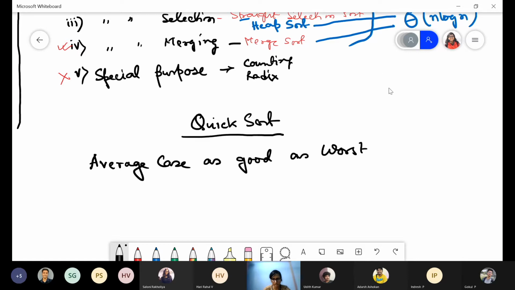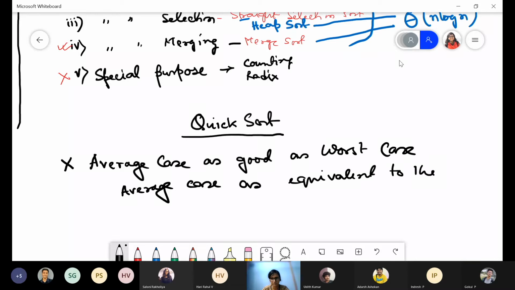Which is very important, because in most algorithms, average case is as good as worst case. But for quicksort, this is not true. We get average case equivalent to the lower bound.